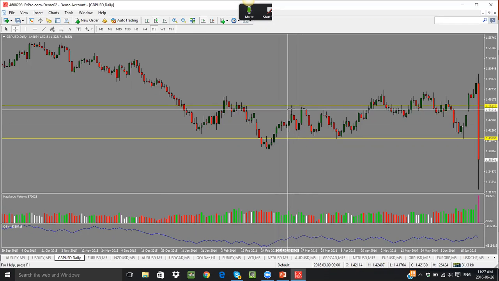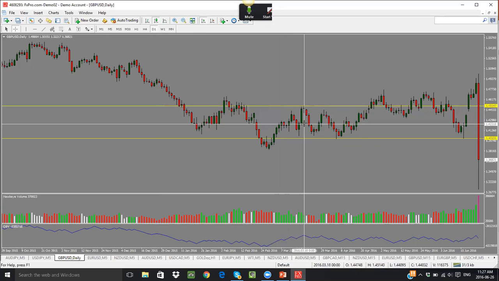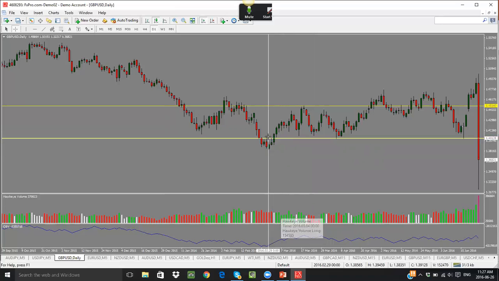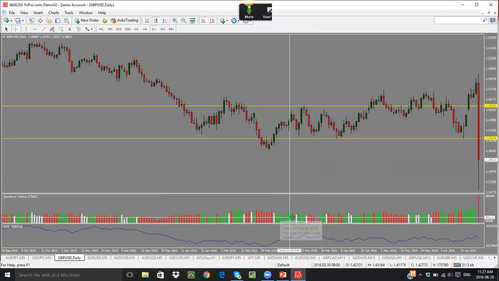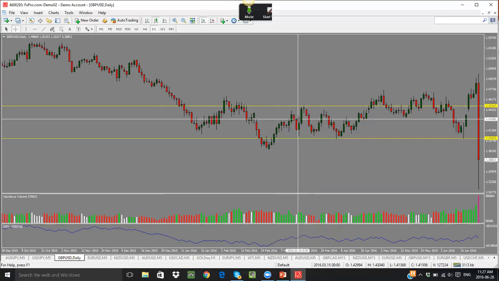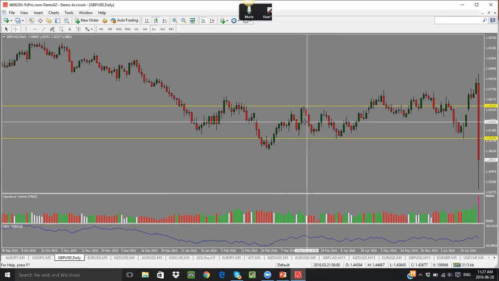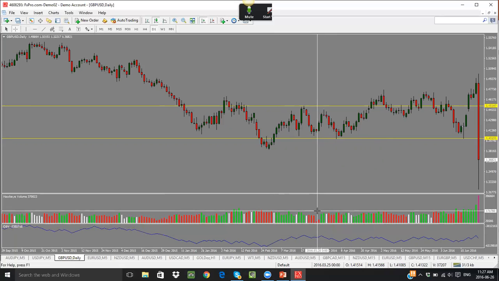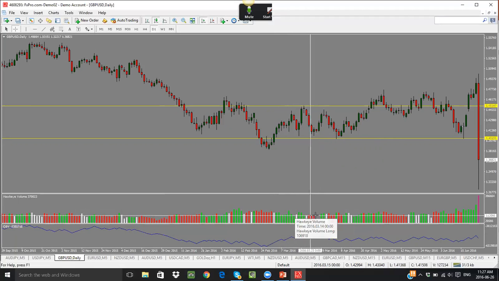In terms of the range bound market, what we see here is that there is no real direction. Normally what we want to see is that when price goes up, the volume goes up as well. Here we see some red volume come in, but if you look at the height, the volume hasn't really moved anywhere.